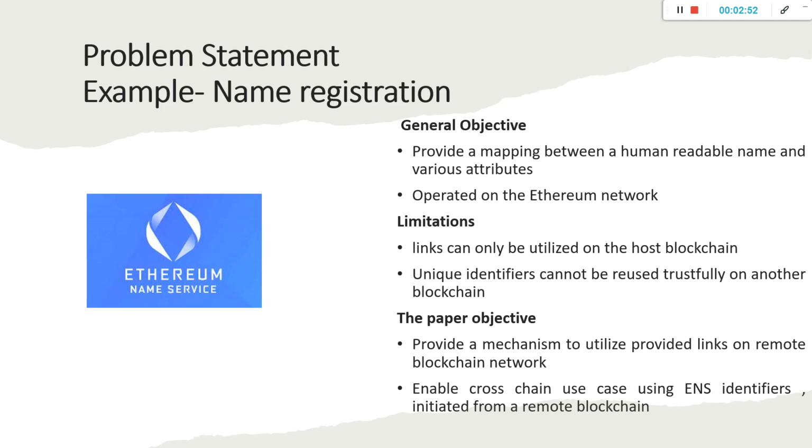As a result, this naming service works only when the network is Ethereum. So this is an example of the problem in interacting between two smart contracts deployed on different networks.